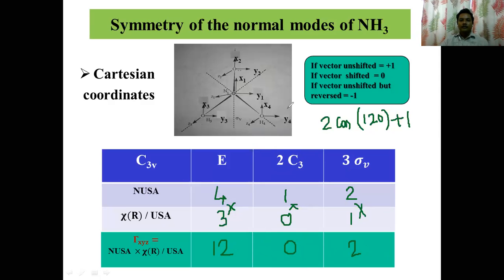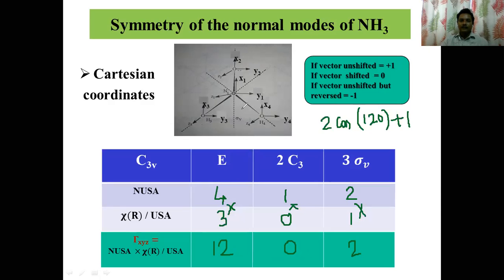Okay. The vector unshifted rules, you already remember, are on the screen itself, so you can see it. So now if I go for identity, I'm having 12 vectors, right? 3 on each atom. So therefore, all of them remain unchanged. So I am going to get 12 as the character under identity.